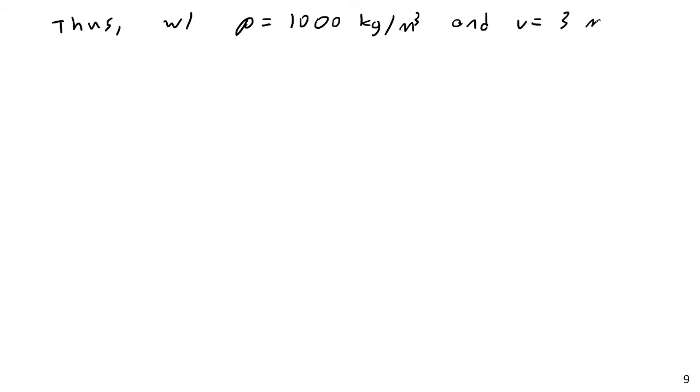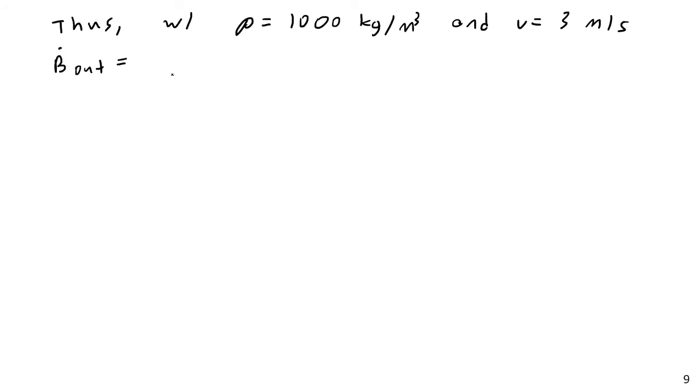Thus, let's say we're using water with rho equal to 1,000 kilograms per cubic meter, the density of water, and V equal to 3 meters per second. Look what happens to my B dot out equation.